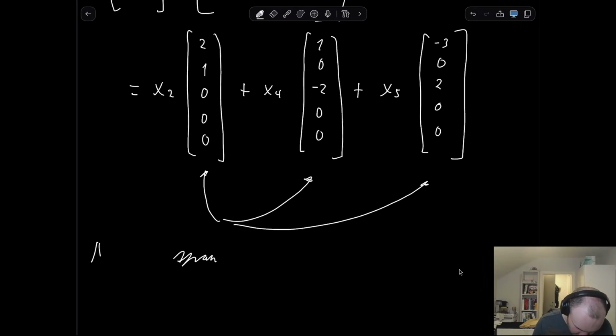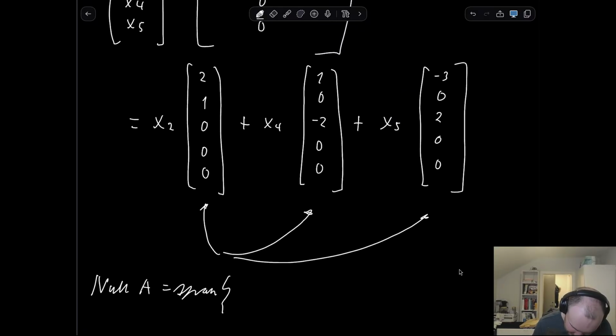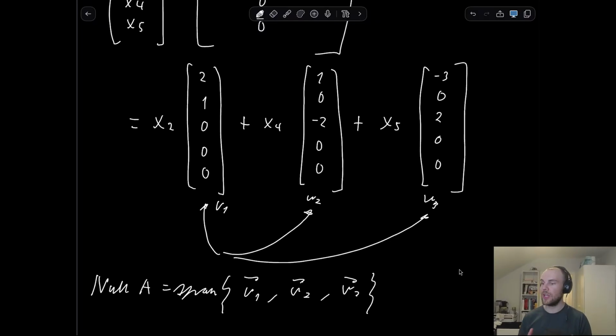So null A is equal to the span of the set v1, v2, and v3. All the linear combinations of these three vectors span the null space for A, the matrix A in this case.